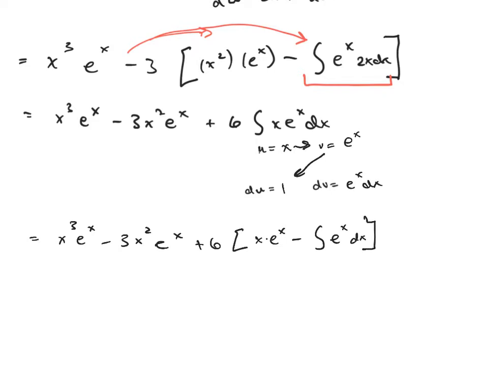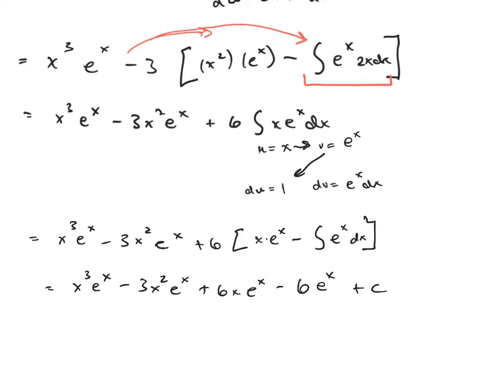I am still not done integrating, but the good news is that's a very simple thing to integrate. Let's keep on writing. X cubed e to the x minus 3x squared e to the x plus 6x e to the x minus 6. The integral of e to the x is e to the x plus c.